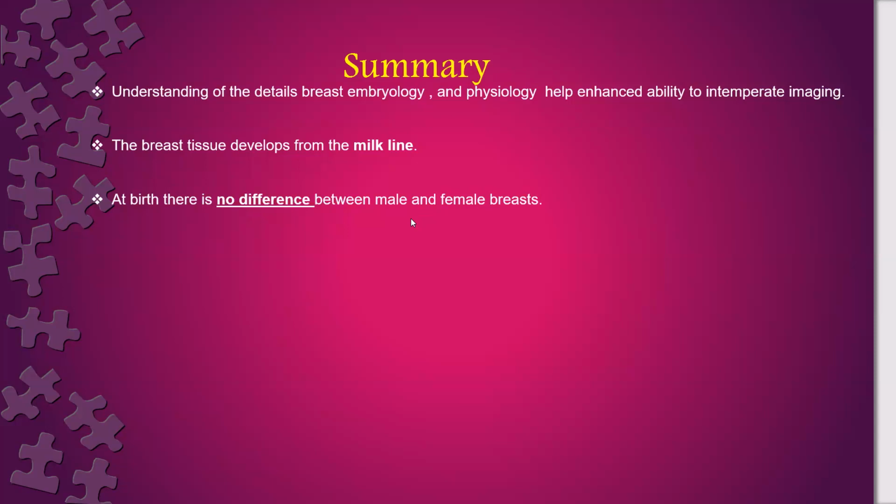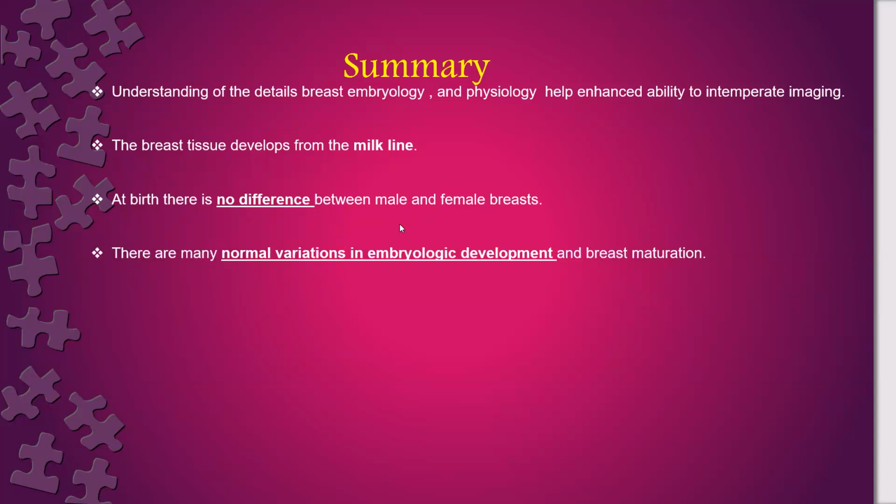This also has clinical significance when they are seeking medical advice, coming to the ultrasound department, asking you, a clinician or the parents. And there are many normal variations in the embryologic development.